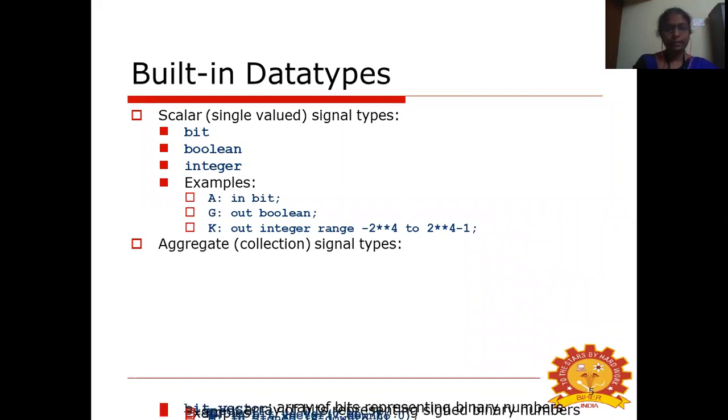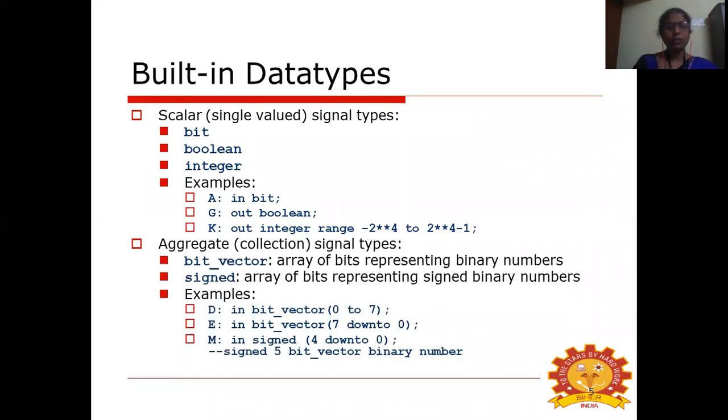Aggregate collection signal types. It can be bit vector or it can be signed. Bit vector is an array of bits representing binary numbers. Signed is an array of bits representing signed binary numbers.